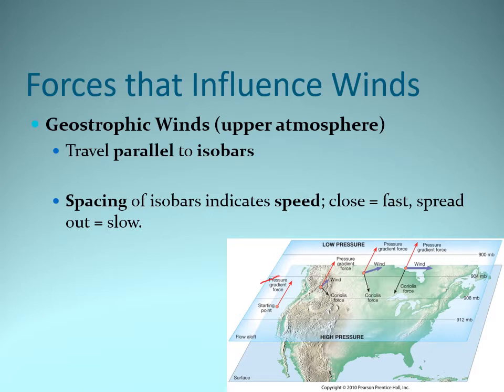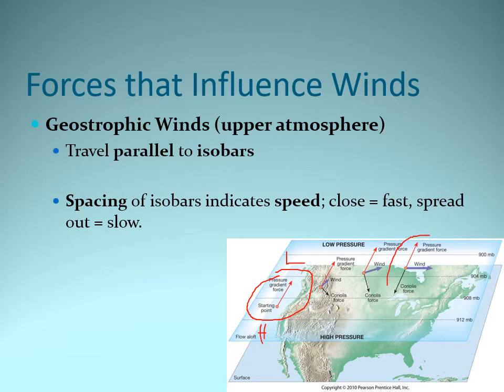So if you take a look at this diagram, we're starting somewhere off the coast of California, and this wind wants to go toward lower pressure. We have higher pressure here, and we have lower pressure here. It starts to go from high to low, but then because it's moving more than 1,000 kilometers or so, it starts to get deflected to the right.